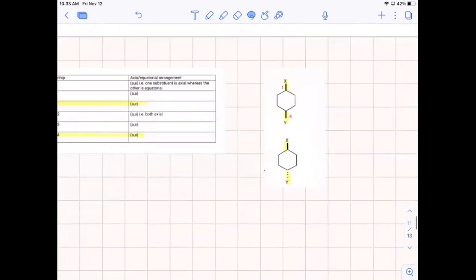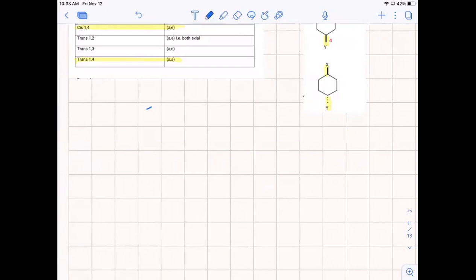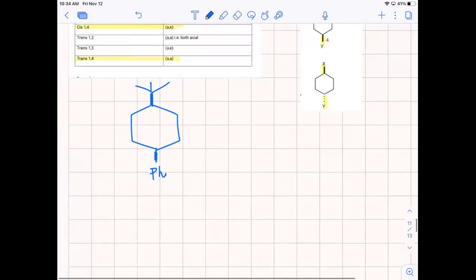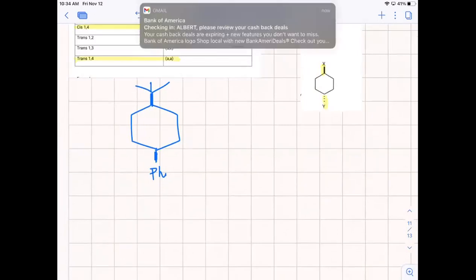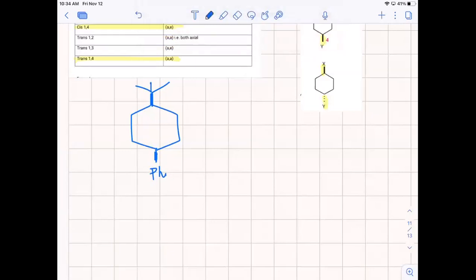So let's do cis. All right, so we're going to do cis, this molecule right here.